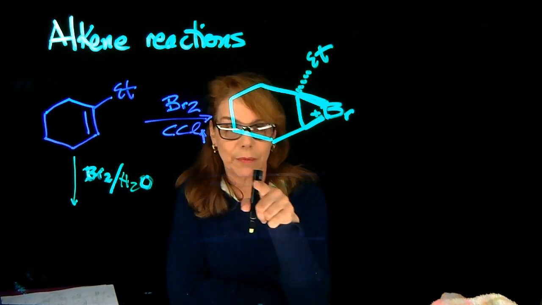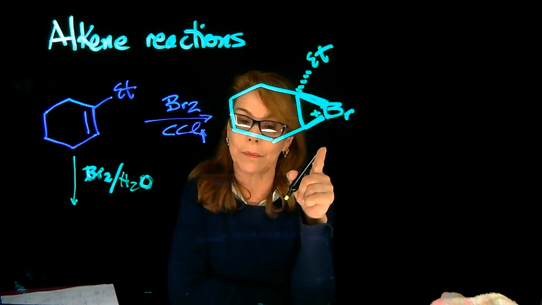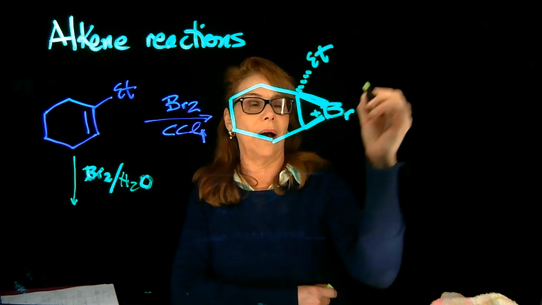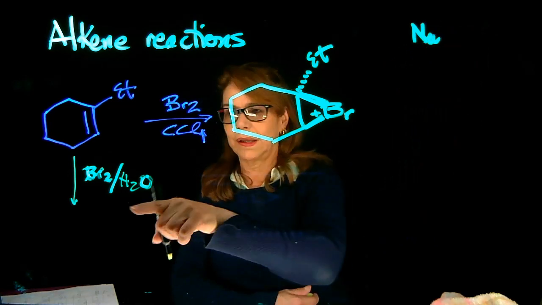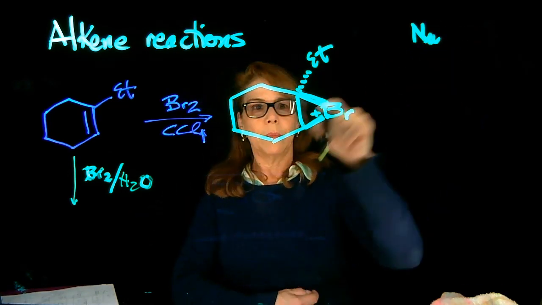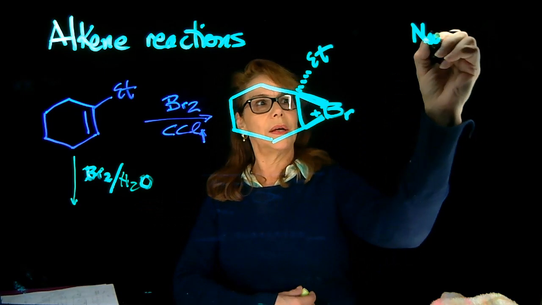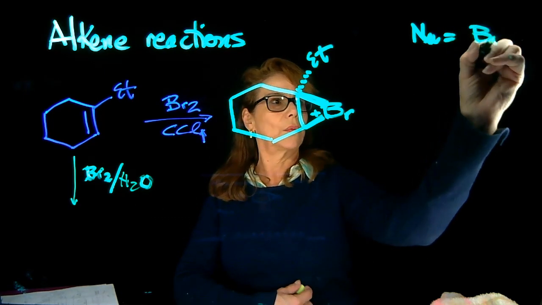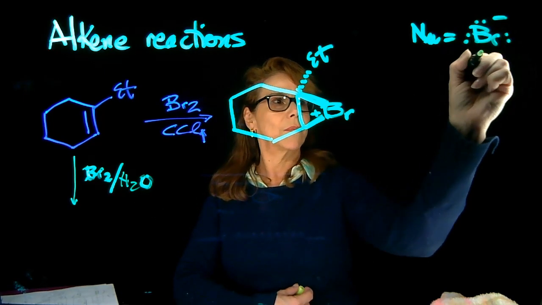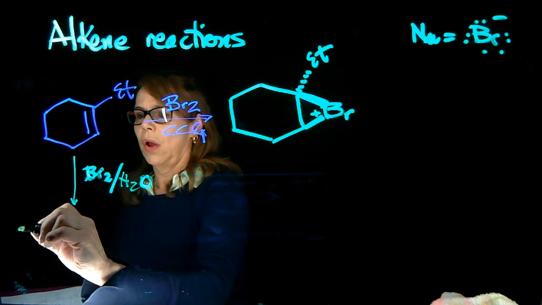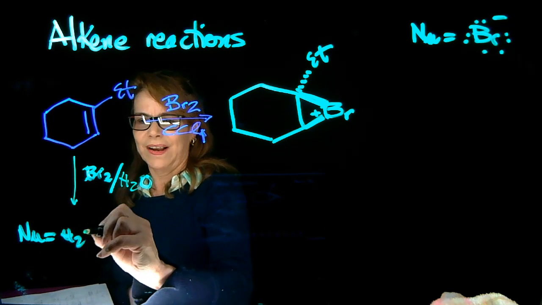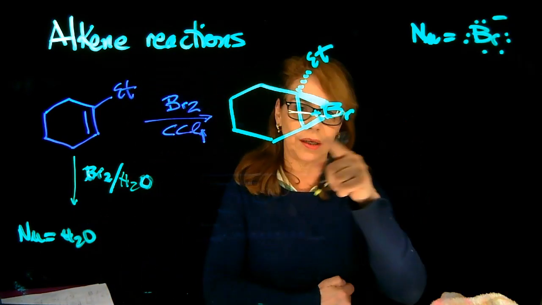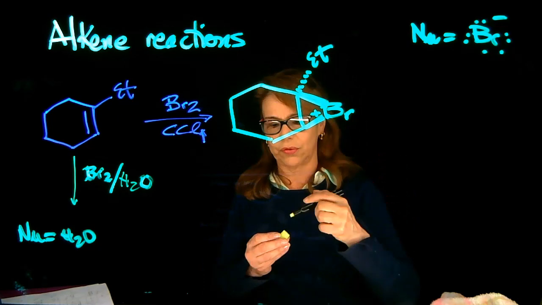In the reaction above, the nucleophile is bromide. In the reaction below, the nucleophile is water, and that attacks after the formation of that intermediate.